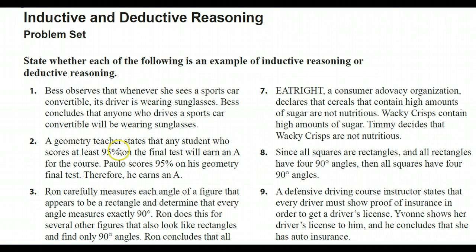First of all, this first sentence is a fact. It's not really going to be up to debate whether you earn an A overall in the course if you get 95% or above. That's what the teacher has said. That's the rule for the class.